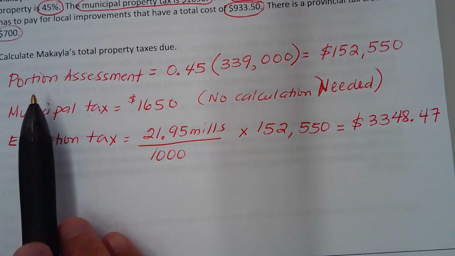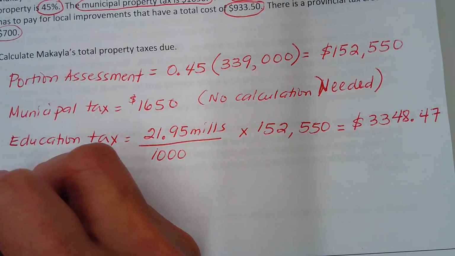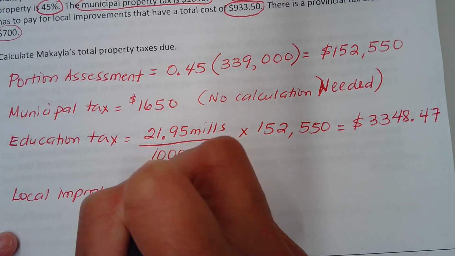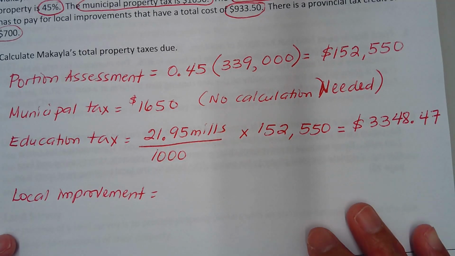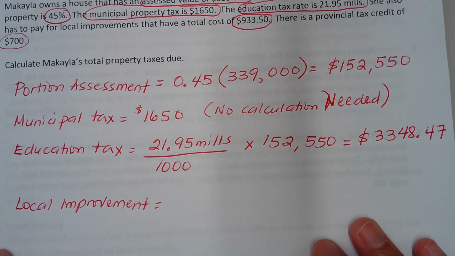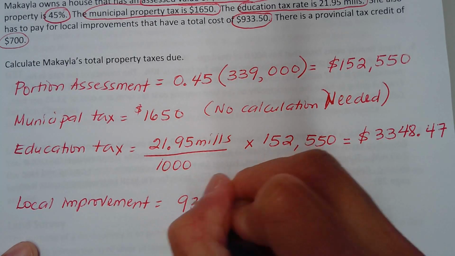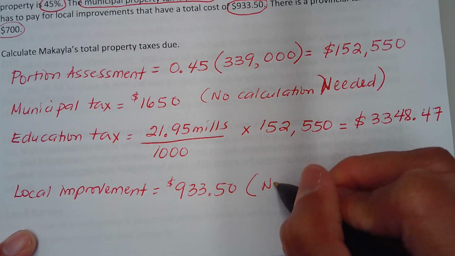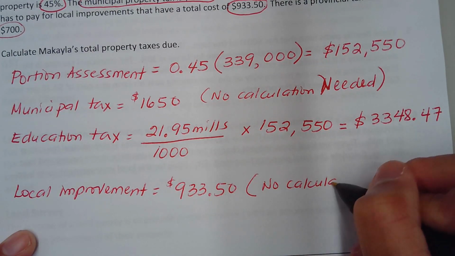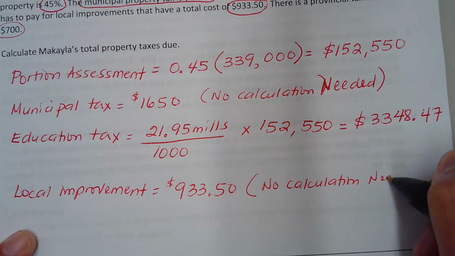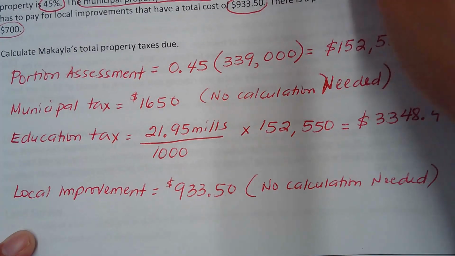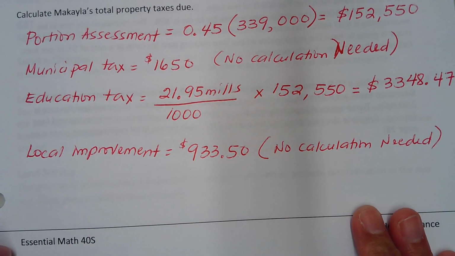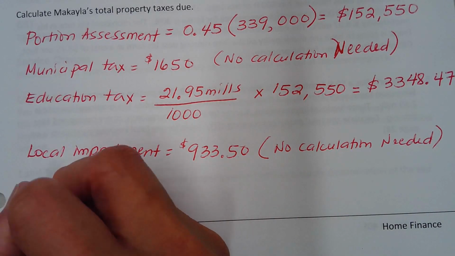So what else? Local improvement says here just 933.50. I'm just gonna write down here, no calculation needed, because they gave us the amount. Now we have everything pretty much all set up.